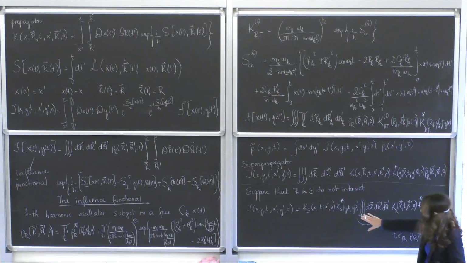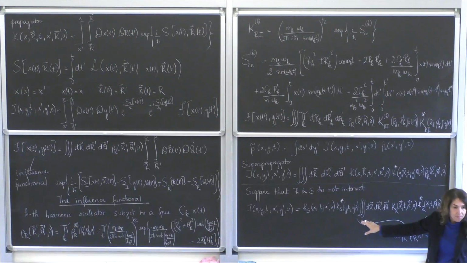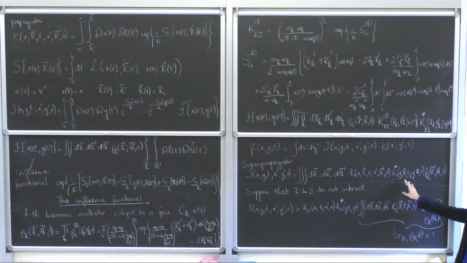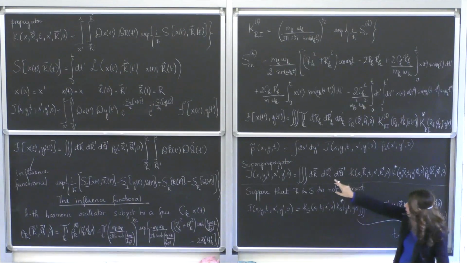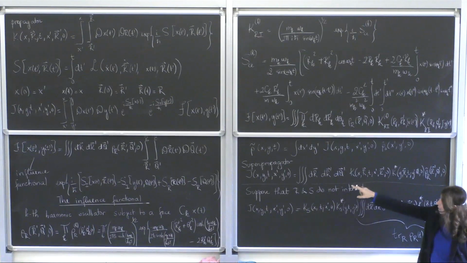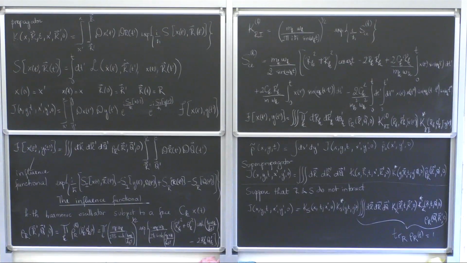Yeah, so what I did, you see here, this was R and this was Q. I made Q equal to R and I integrated over R. So R prime and Q prime are the initial ones, and now I made the final one equal and I integrated.